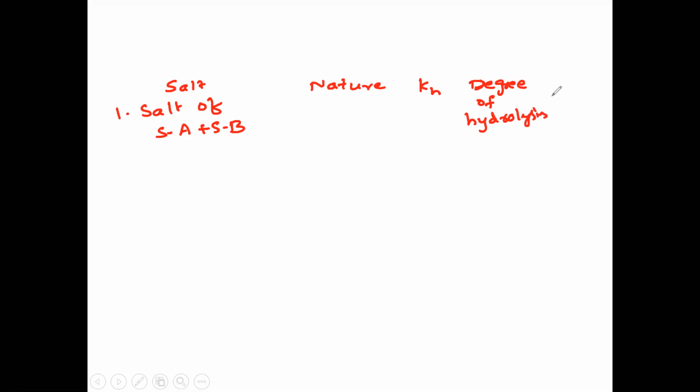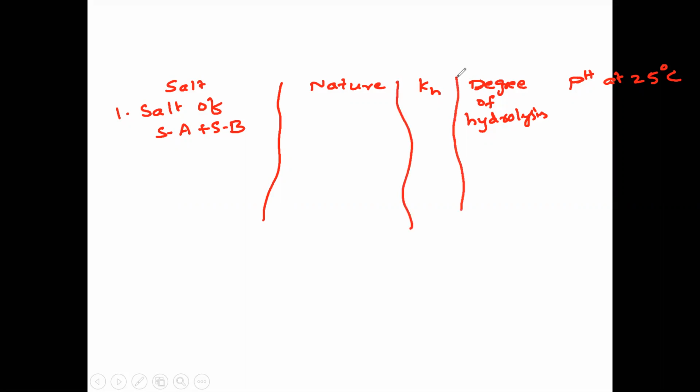And finally, how to calculate pH at 25 degrees C. So I am making 5 columns: column number 1, column number 2, column number 3, column number 4, and column number 5. So for a salt of strong acid and strong base, the nature is neutral. What is the nature of this salt? So again, I'll write it down.